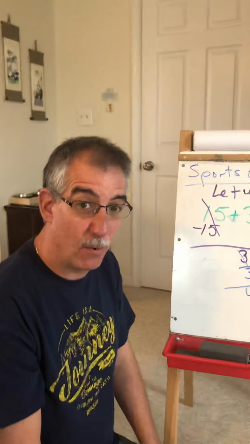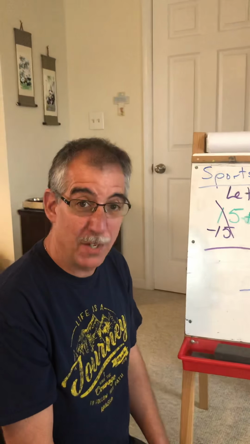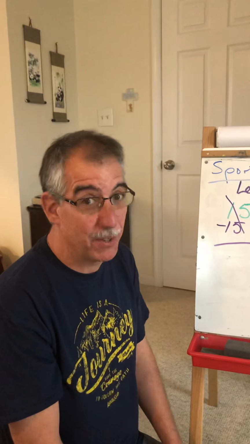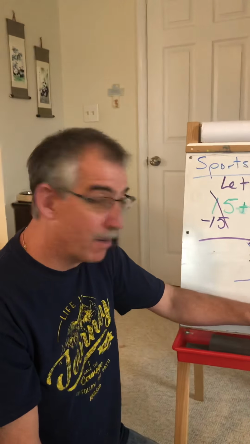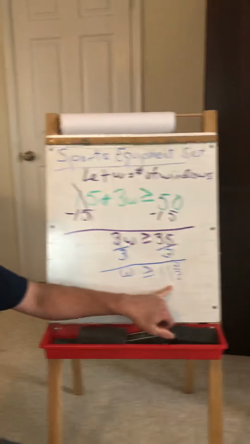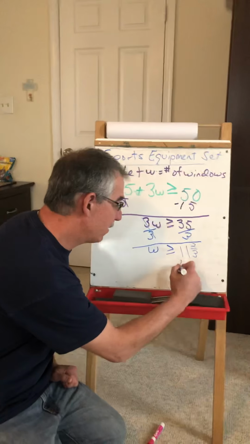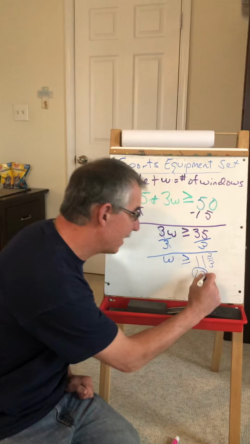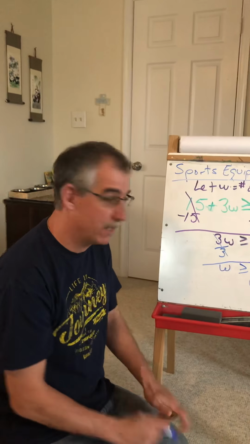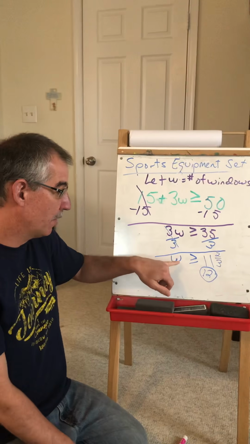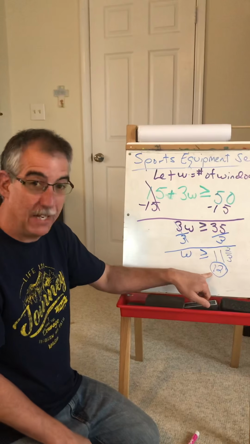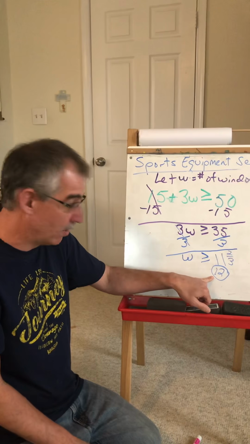But as I said before, guys, 2/3 of a window is not really realistic, and it's not what the question is asking. So we want to round this answer to 12. The reason we're doing that is because that then is a realistic number of windows that he can wash. So W is greater than or equal to 12 windows.